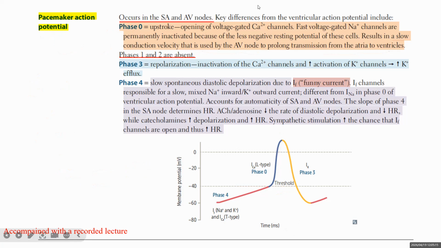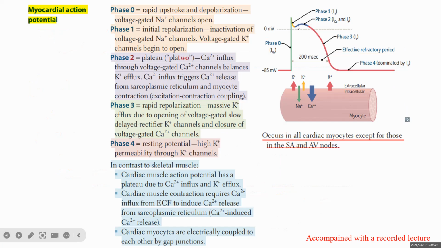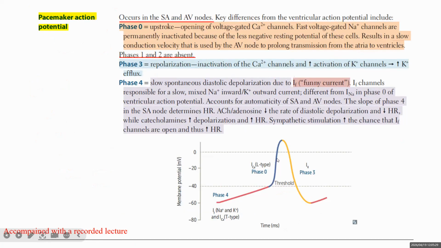Because the calcium channels, compared to the sodium channels, do have slow conduction, right? Over here you see the blue one, and this is more straight, but this one is a little bit curved because of the slow conduction of the calcium channels.